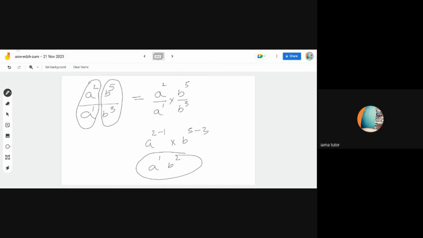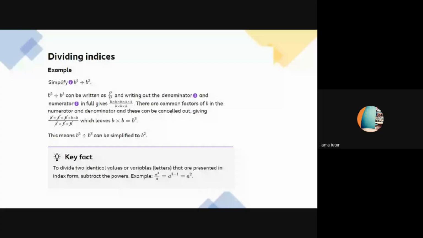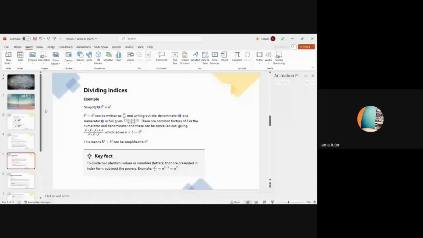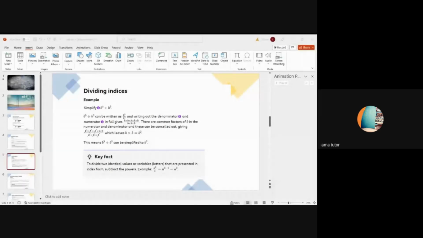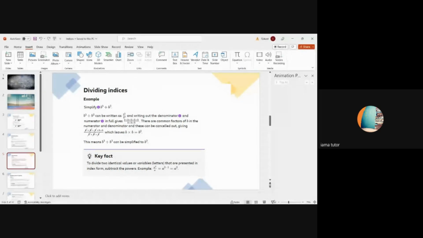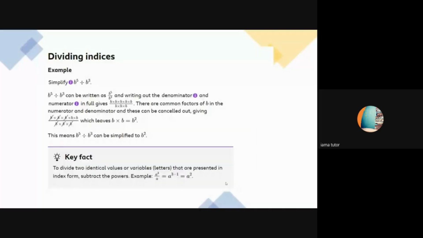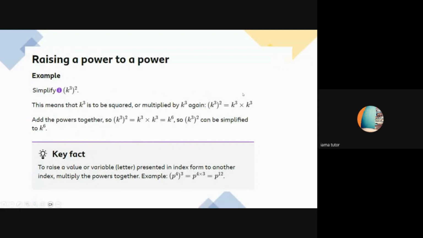All right, now we will move on to the next. This is the law of division, as you can see on the screen. Now let's move on to raising a power to a power.